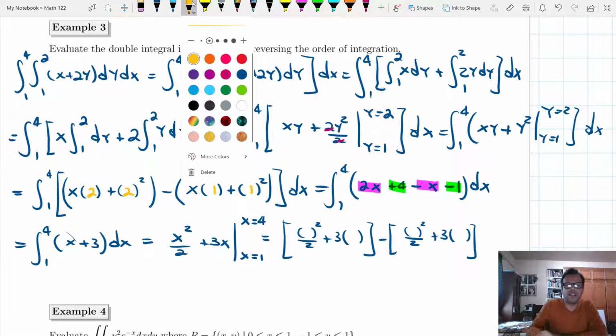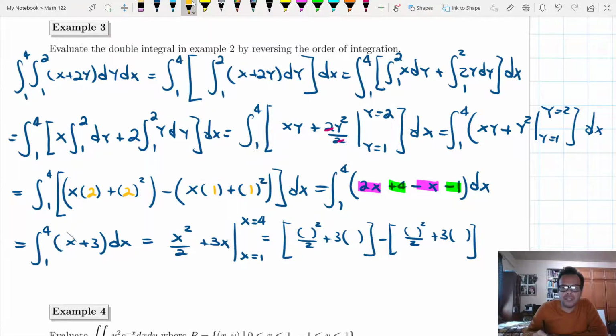And the quantities are for the upper limit, 4, and 1 for the lower limit. Okay, let's simplify this. 4 squared, which is 16, divided by 2, that's going to give us an 8.